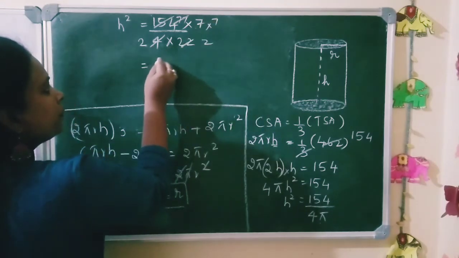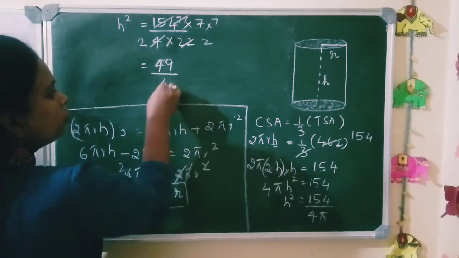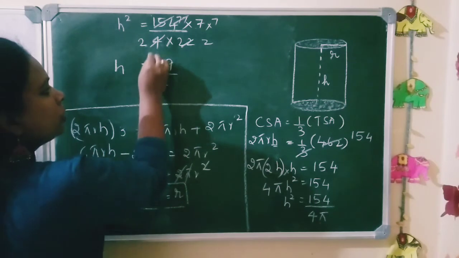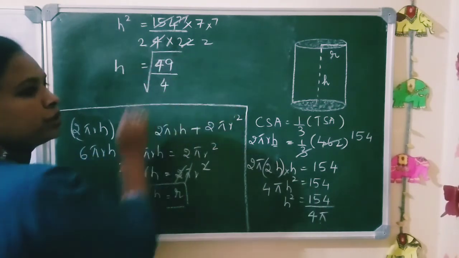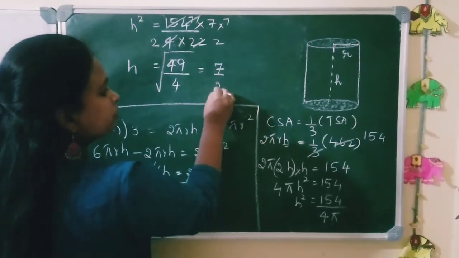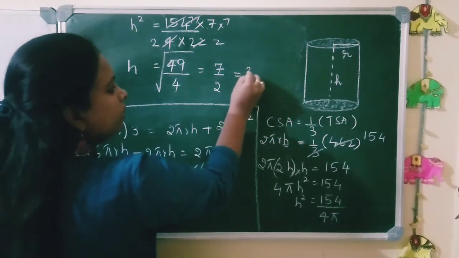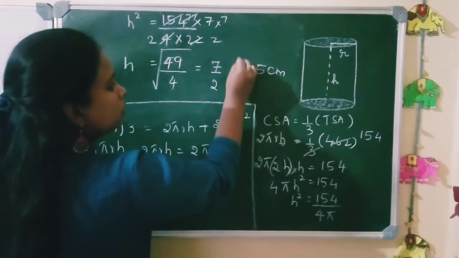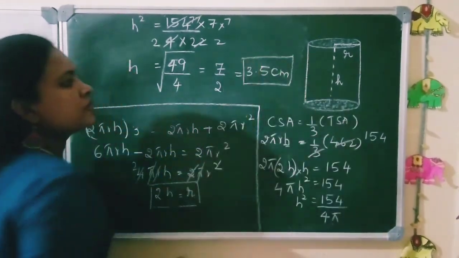So it will be 7 into 7, that is equal to 49 by 4. H square is equal to 49 by 4. So remove the square root and put it on the other side, which will be equal to 7 by 2. 7 by 2 is nothing but 3.5. So the height of this cylinder is equal to 3.5 centimeter.